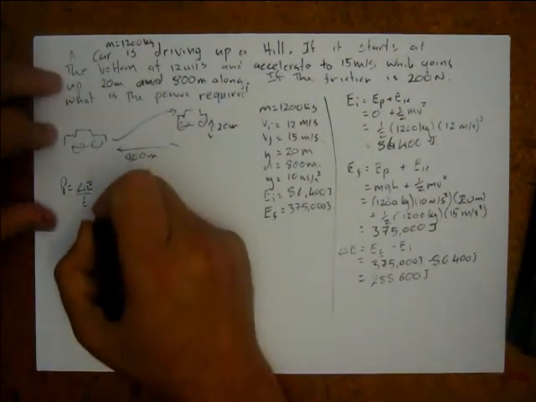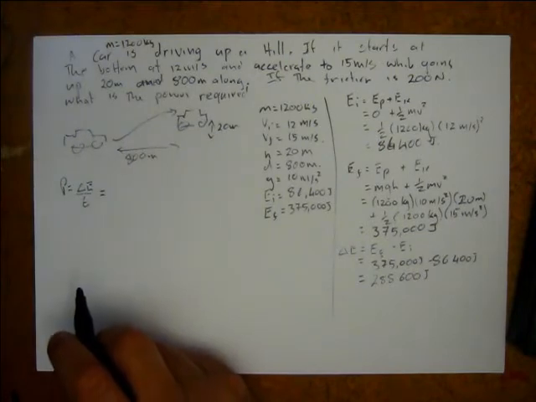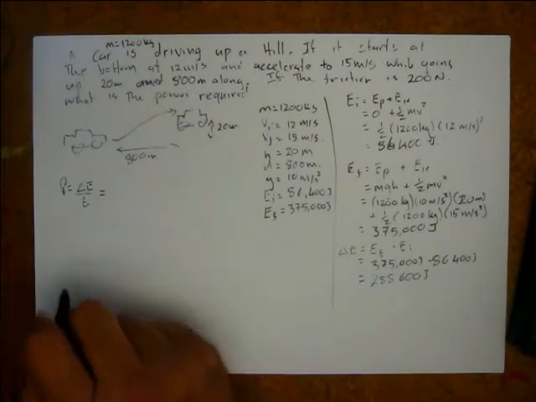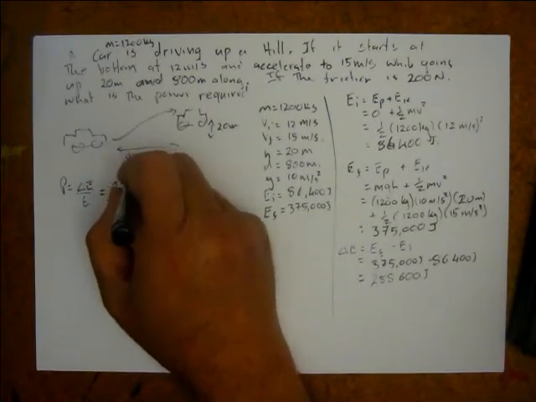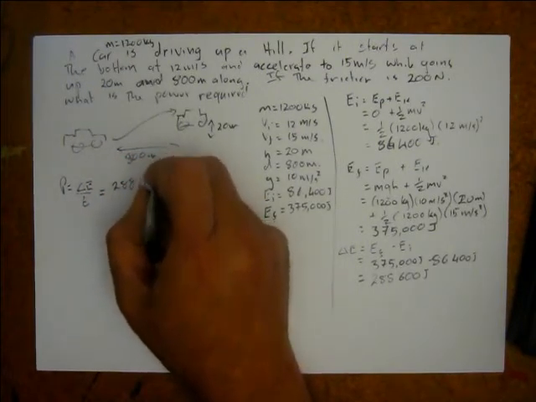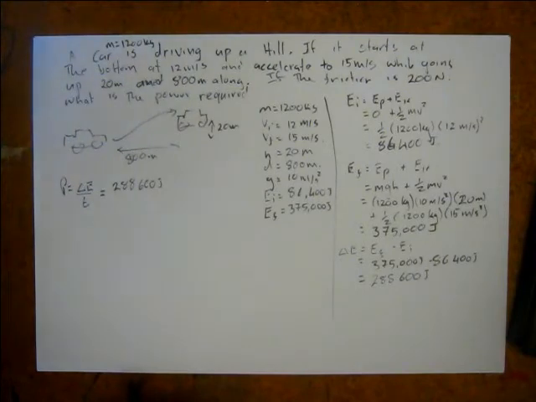So this is cool. This is 288,600 joules. But not so fast, not quite so fast.